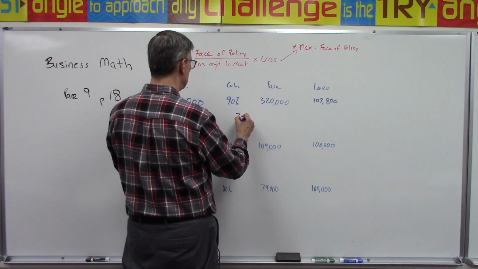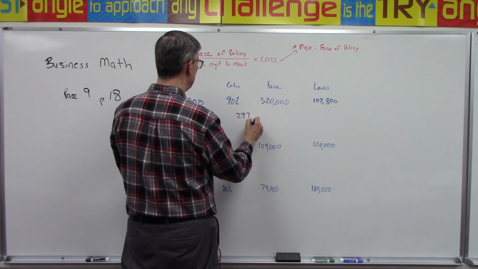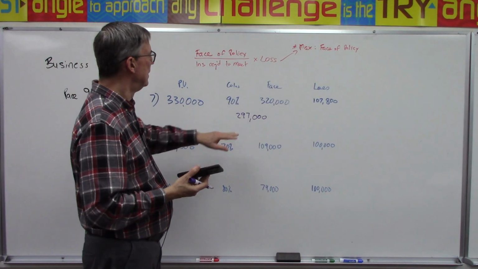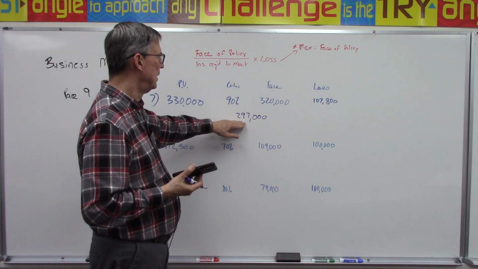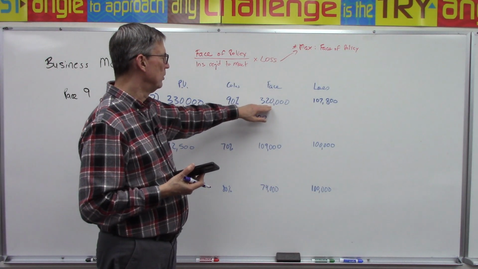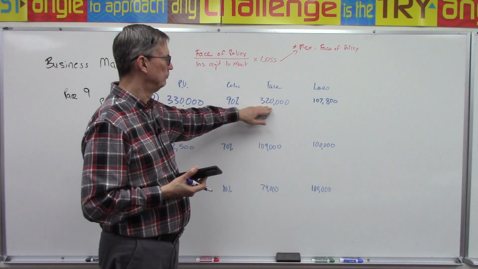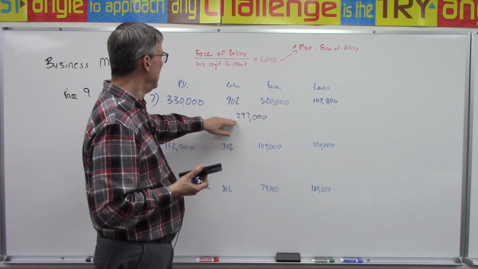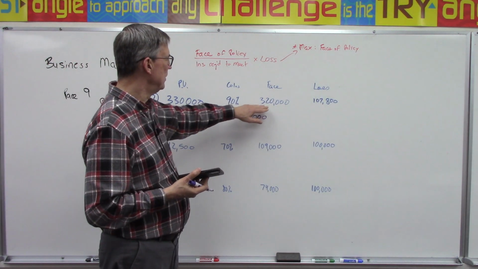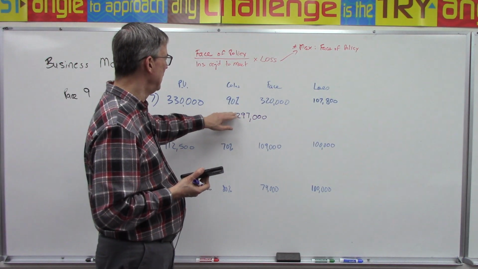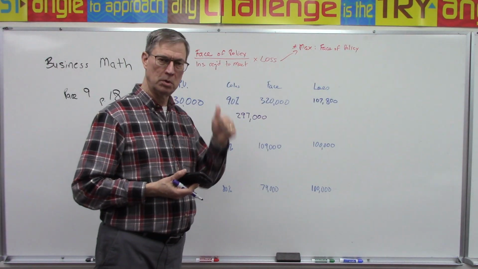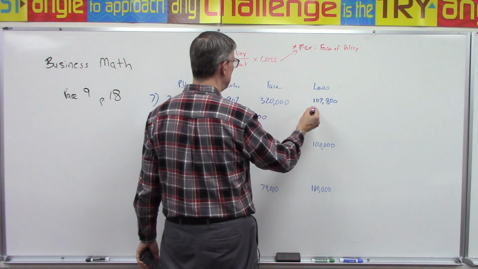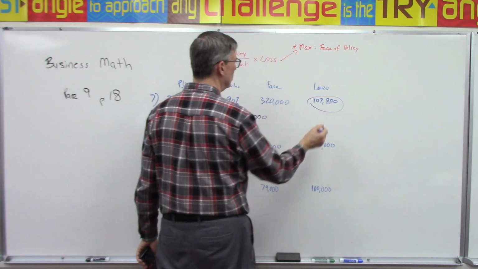So I get 297,000. And what we have to ask ourselves is, is this amount less than or equal to the face amount? And it looks like the face amount is more than the 90%, and so we're good. What that means then is that it will pay the total loss.